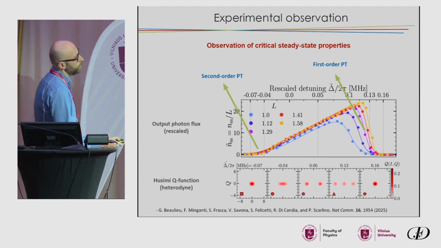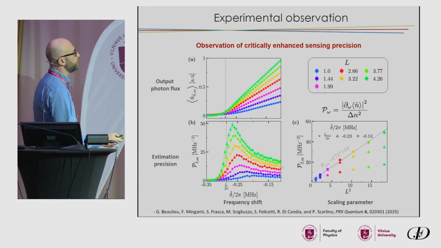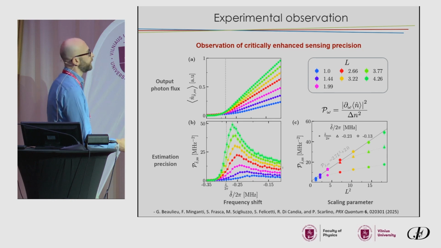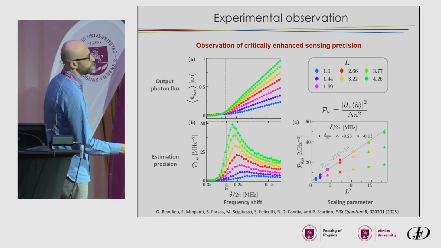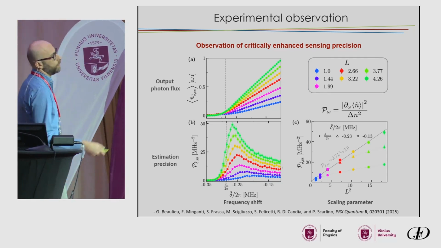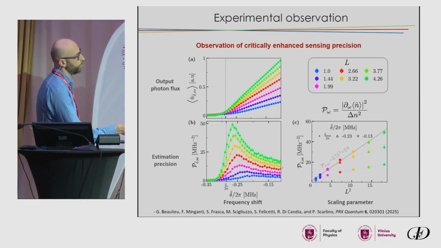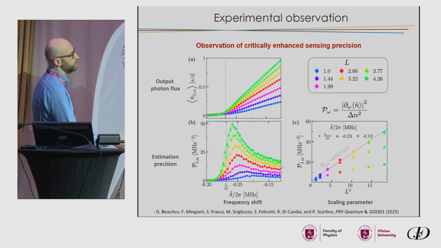And then we just sit on the second order transition, and we try to understand how good this point is for estimating omega. Basically we retrieve the same plot that we had theoretically. We also tried to understand what the scaling was with the Kerr parameter, and they scaled quite well, basically.